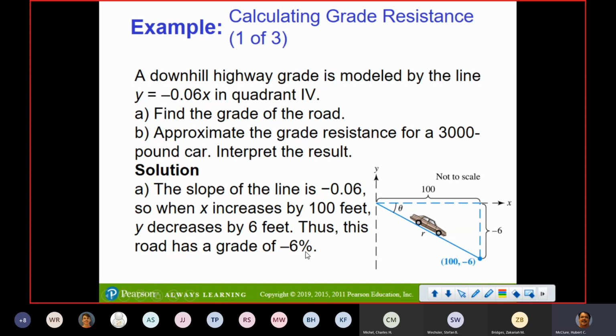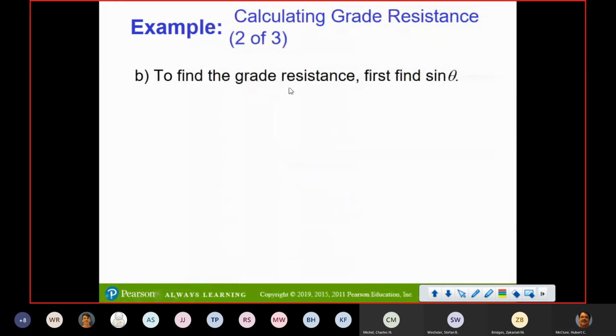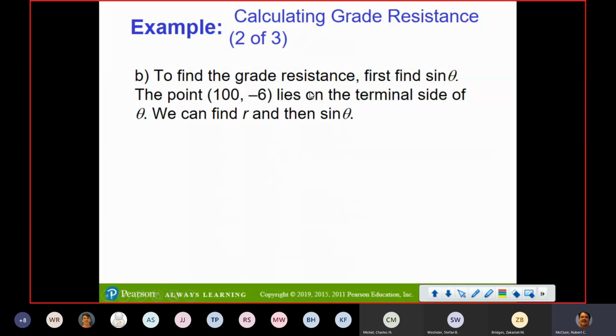So the grade is negative 0.06, or negative 6%. And 100 and 6, we can find r, and then that's going to be the square root of 10. That's using, and I'm not going to go through this because that's using the Pythagorean Theorem.